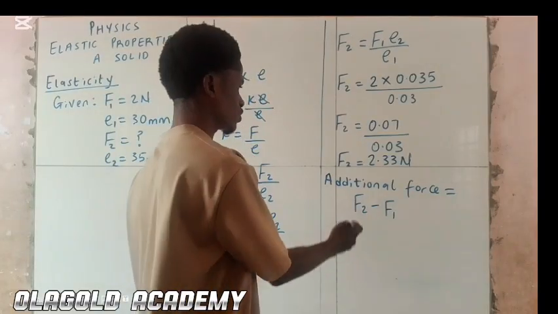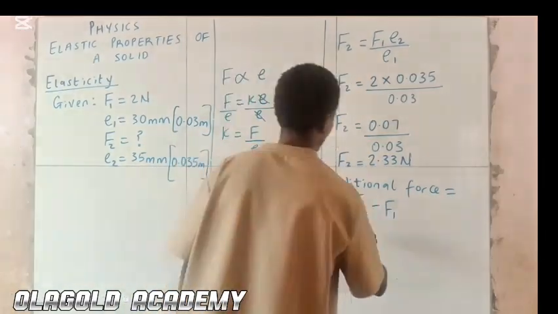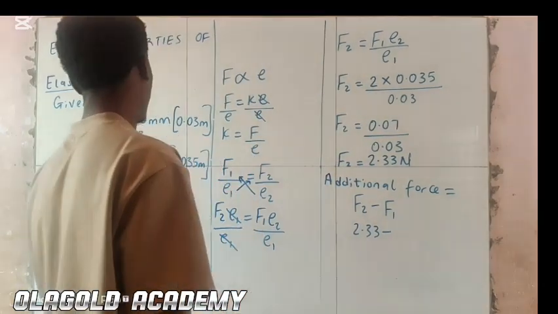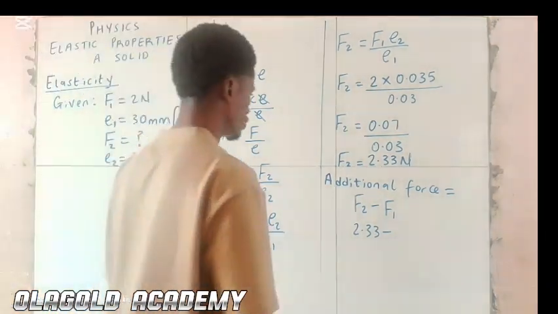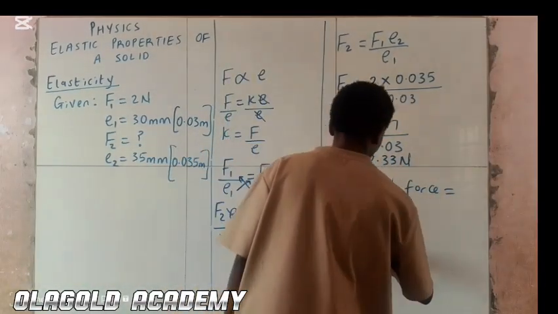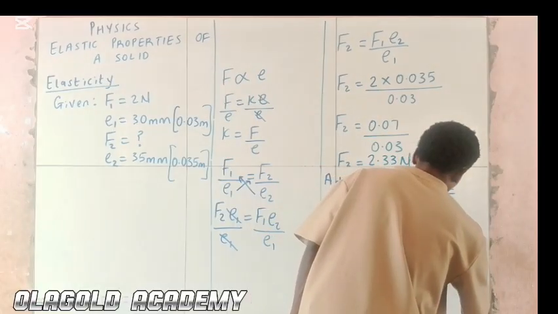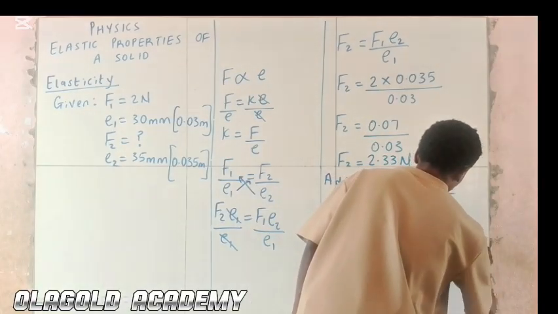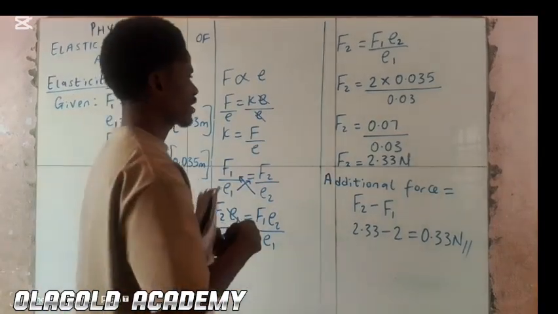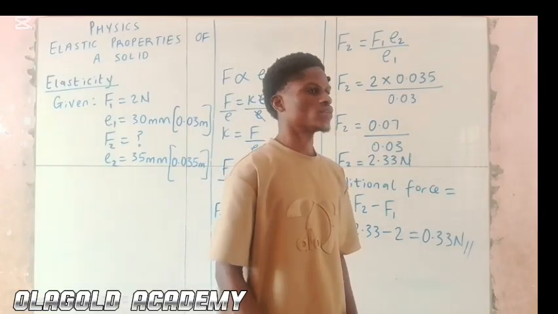My F2 is 2.33 minus my F1, which is 2 Newton. If I subtract this, I'm going to get my answer to be equal to 0.33 Newton. So this becomes my final answer. My additional force becomes 0.33 Newton.